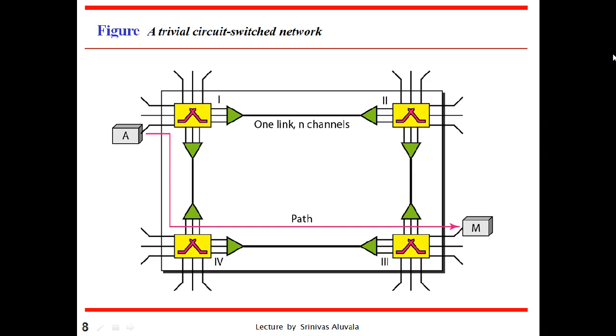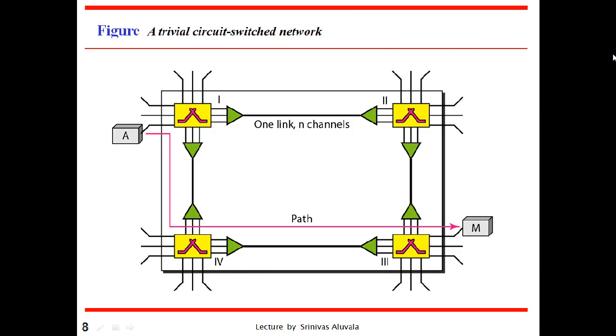Let us look at a trivial circuit switched network. Here A is the sender and M is the receiver, the destination. There are 4 switches in the diagram, each switch is connected to n channels, and every switch has a multiplexer connected through a single link to another switch.